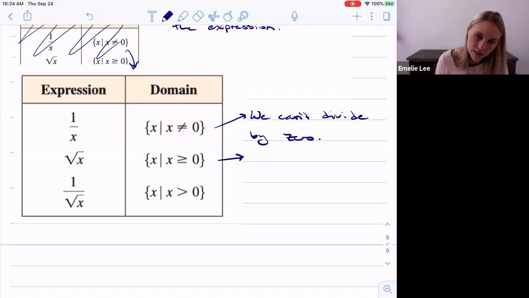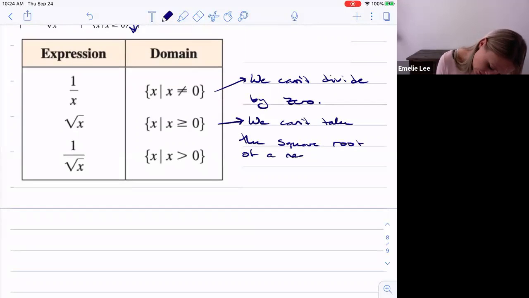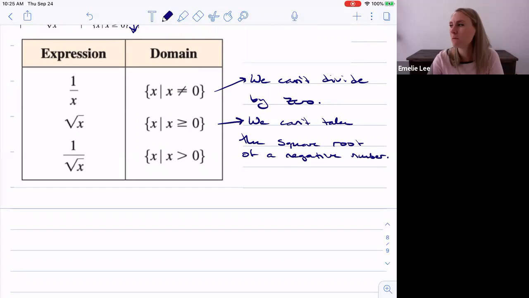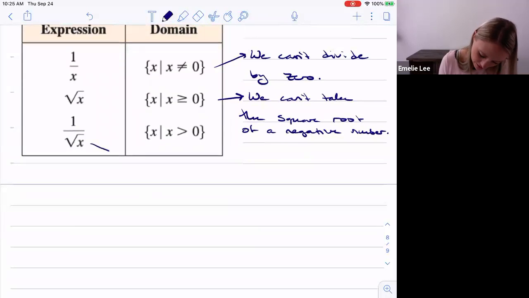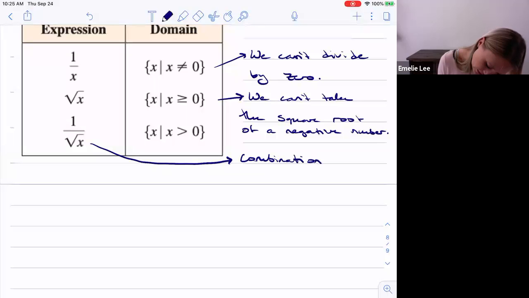We can't take the square root of a negative number. And here, right, this is a combination of the two above.